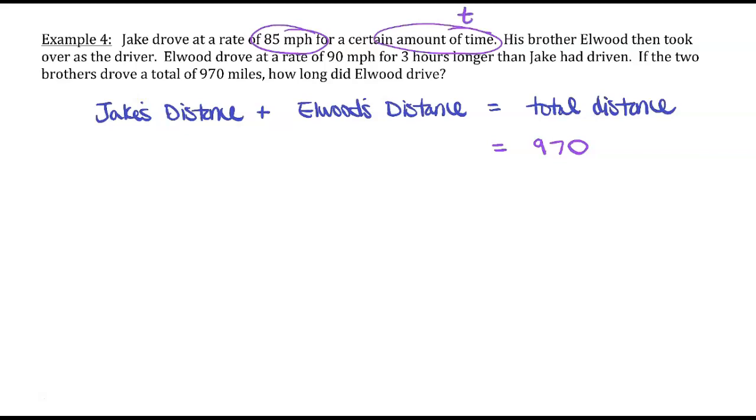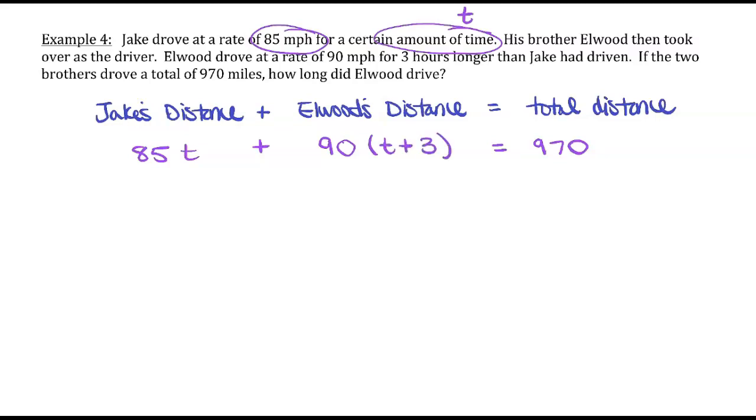To find out Jake's distance, we would take 85 miles per hour, multiply that by the number of hours he drove, and that would be his distance. Same for Elwood. Elwood drove 90 miles an hour for 3 hours longer than Jake. So if Jake drove for t hours, Elwood drove for t plus 3 hours.